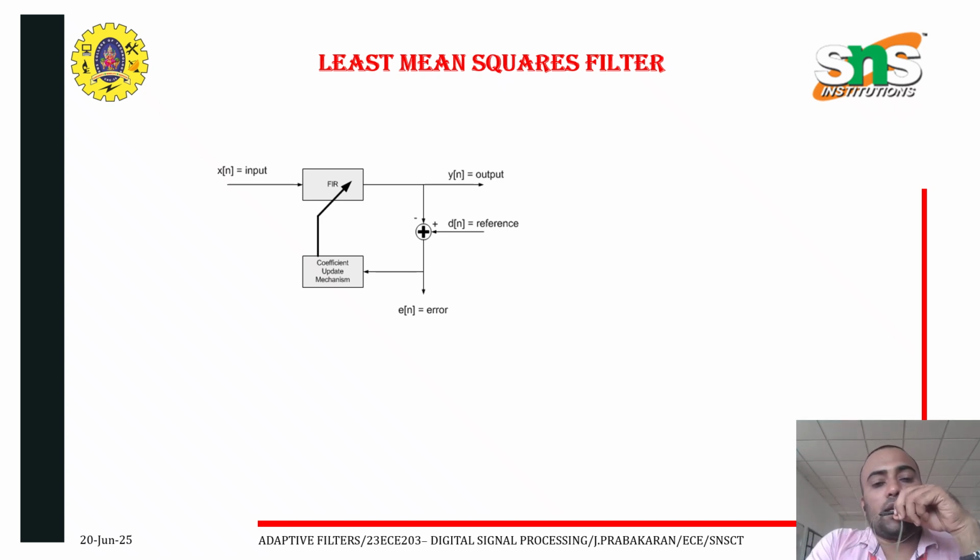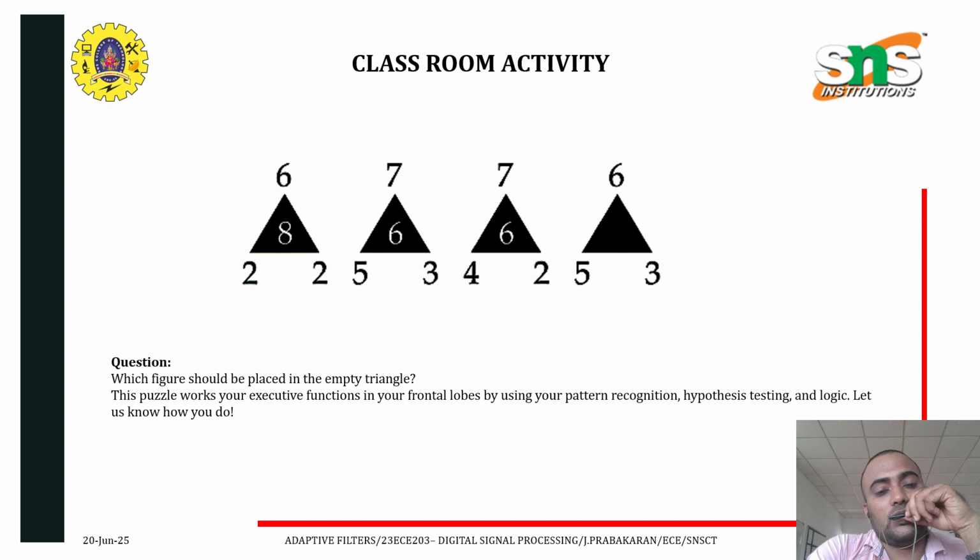Next, let us do one small classroom activity. Here you can see four triangles. The first triangle has values 6, 2, 2.